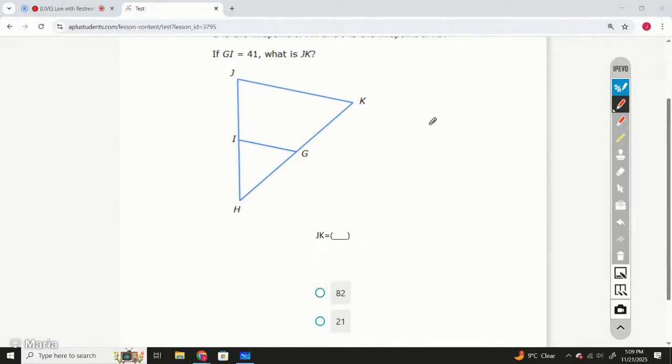So JK equals twice GI. GI equals 41, 2 times 41 is 82. The correct option is 82. Option number 1 is the correct option.